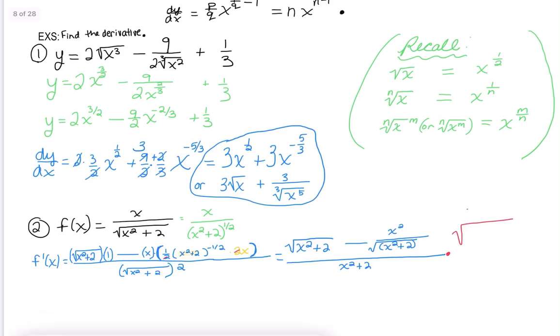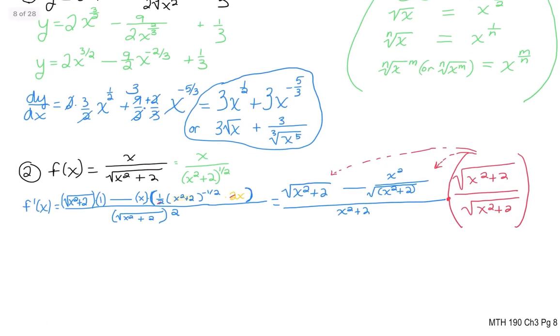So I am going to multiply as a big version of 1 here by that little mini denominator of the square root of x squared plus 2 over itself. And again, I could have left these as 1/2 powers the whole time. 1/2 power, square root, personal preference. You really want to be able to move between them efficiently.